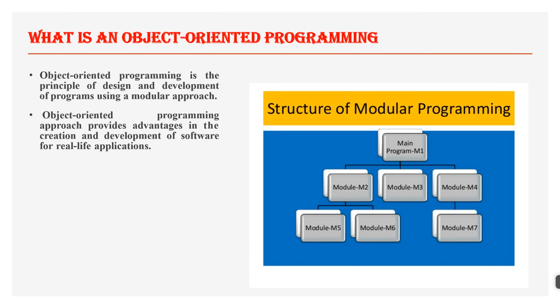As shown in the figure, we have a main module which is split up into three sub-modules called Module 2, Module 3, Module 4. And Module 2 is further factorized into Module 5 and Module 6. So it can be factorized into any smaller modules. You will reach a situation wherein further modularization is not required.